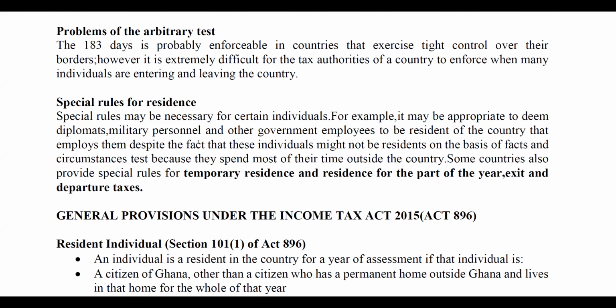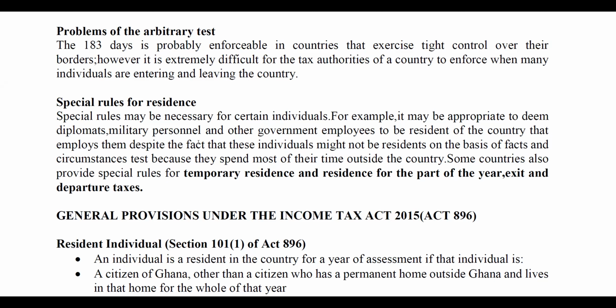That's the problem. You get it? Individuals who are leaving and entering the country, we are supposed to exercise strict control over those people, but it's not done in Ghana. So it's difficult, right? To apply this 183 days. So those who can be caught, will be caught. Those who can't be caught, they will be left alone.